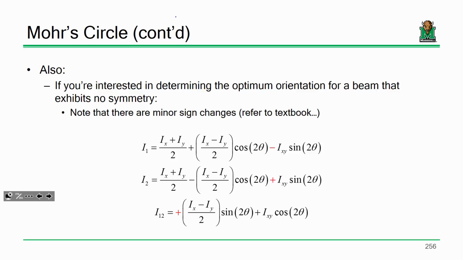Run a samurai sword or lightsaber through a wing, and that's a beam with a really funky cross-section. So determining its optimum orientation is actually worth some discussion, okay? And you can use Mohr's circle to do the same thing, to determine the optimum orientation in the x direction or the y direction, or in this case the 1 and 2 direction. The only difference is with your product of inertias, you have some sign changes.